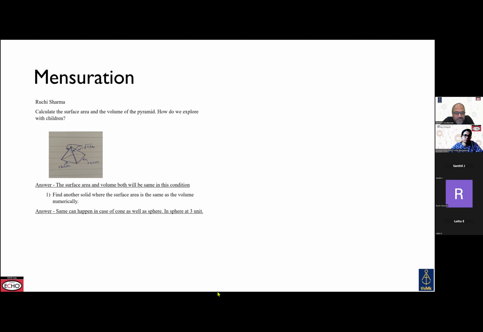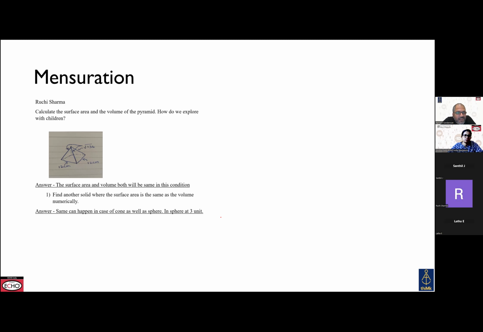And what is the volume of this? Once we find the volume, it ends up that the surface area and the volume are similar. What could be other shapes which can have similar values? So this is one of the interesting things.